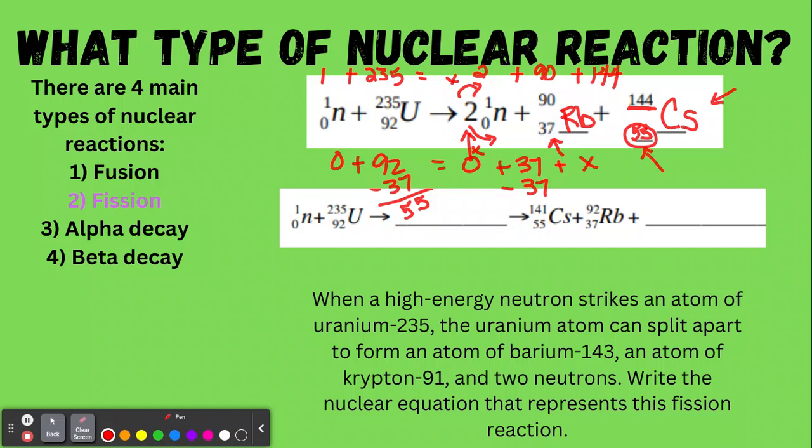Now, a couple things I want to point out about fission reactions. You will see that you're going to start with a very, very large nucleus. Sometimes the reaction will be initiated or started by a small particle like a neutron. Okay, so those are going to be the reactants that you look for to be able to tell that it's fission. Then, oftentimes you will get some neutrons coming off, and you will get 2 isotopes here that are usually different, that are much smaller than your original isotope.